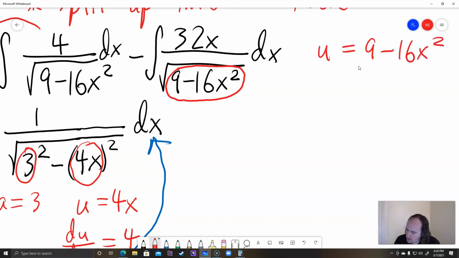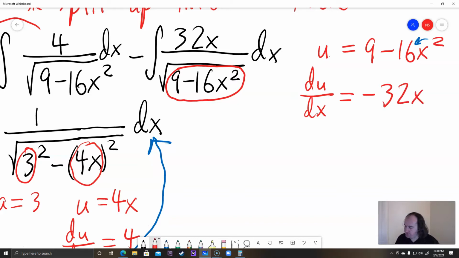Okay. And then taking the derivative, we get du dx equals, well, the derivative of 9 is 0. And then using the power rule, bringing the 2 out front, we get 2 times negative 16 is negative 32x. Okay.